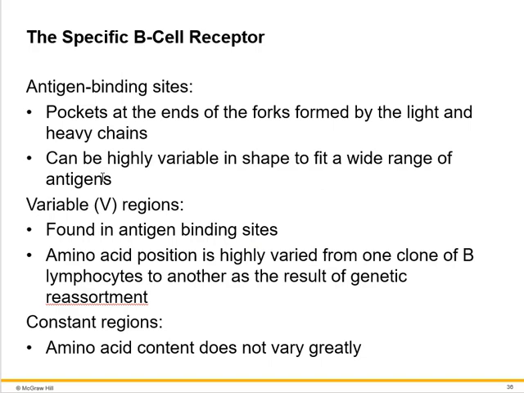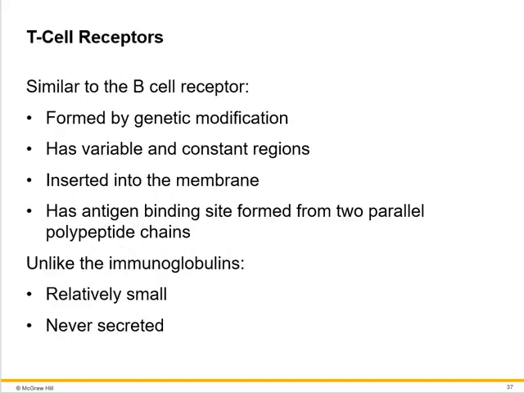So the antigen binding sites are the ends of those forks that can be highly variable, and they fit perfectly with the particular antigen they're made for. The variable regions are a result of genetic reassortment, so that every antigen you can possibly imagine can be detected by some B or T cell.